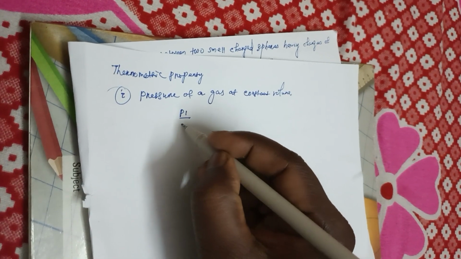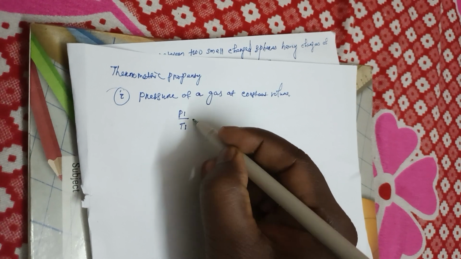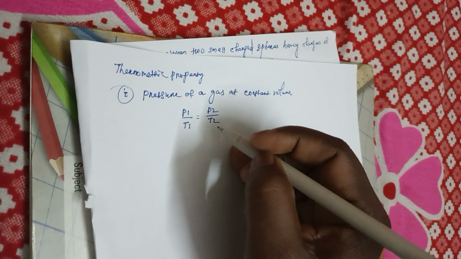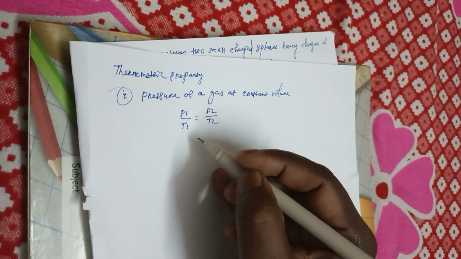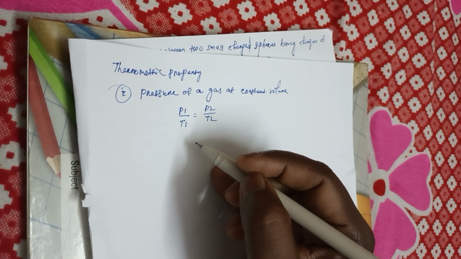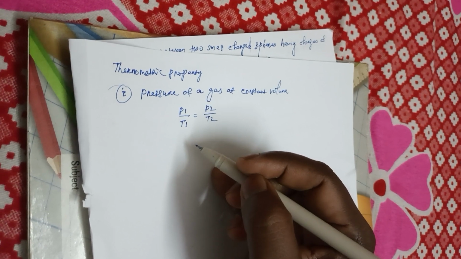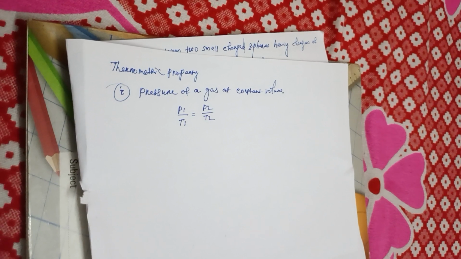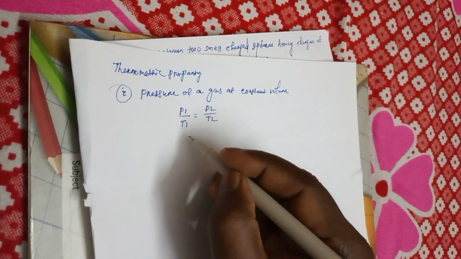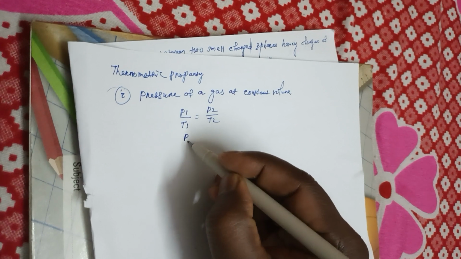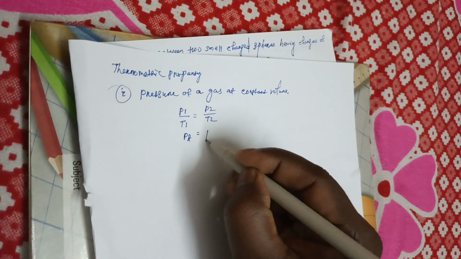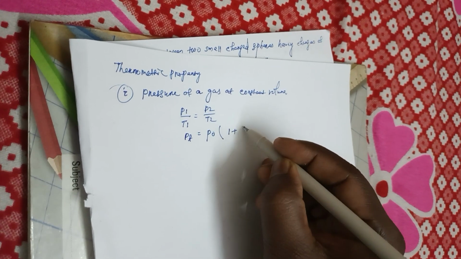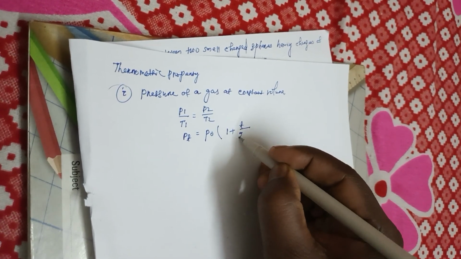P1 by T1 is equal to P2 by T2. Pt is equal to P0 into 1 plus T by 273.